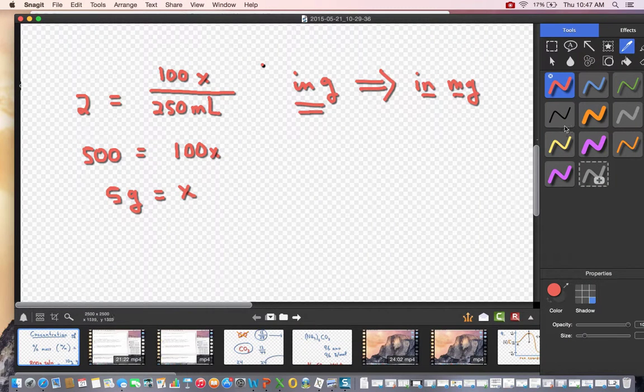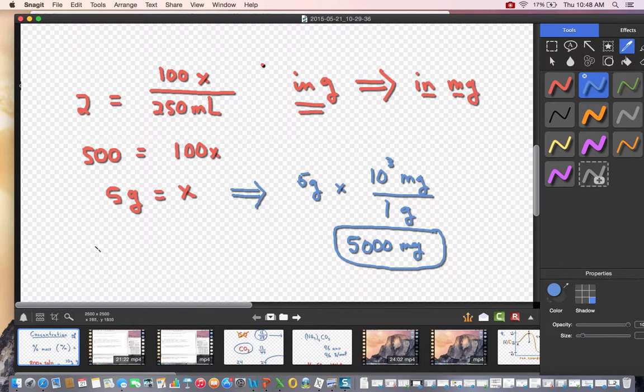So the question asks us to present the mass of the solute in milligrams, so we'd want to multiply by 1,000. So just very quickly, the dimensional analysis will be 10 to the third milligrams is equivalent to 1 gram. So we'll have 5,000 milligrams.